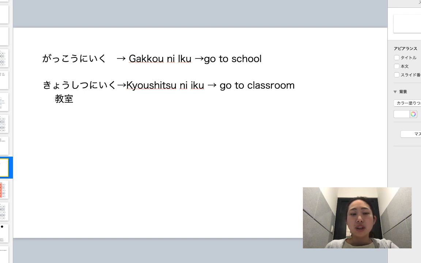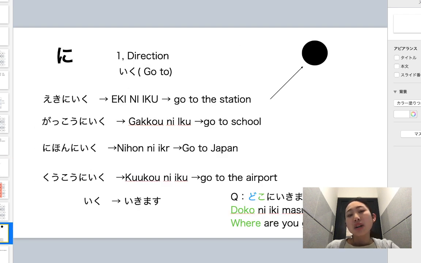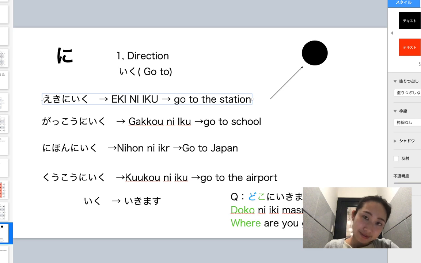So let's say 駅に行くわ, 学校に行くわ, like this. If you see a wa which doesn't mean anything at the very end of the sentence, it's just an accessory to make the sentence a little feminine.